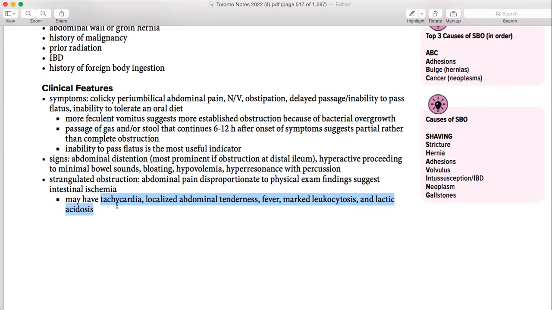Now you have to rule out intestinal ischemia. In intestinal ischemia, the pain is so out of proportion that you don't even feel it might be a small bowel obstruction, because the pain is too much. The way she's shouting, the way she's crying, it is too much, right? So you have to know this pain is basically not small bowel obstruction now. Now it becomes intestinal ischemia.